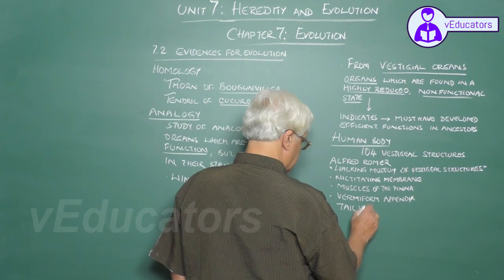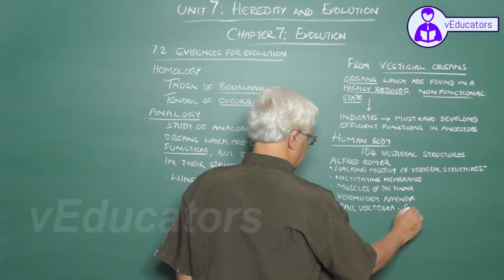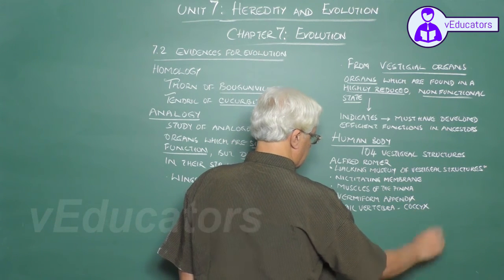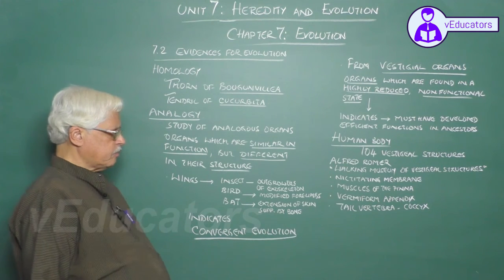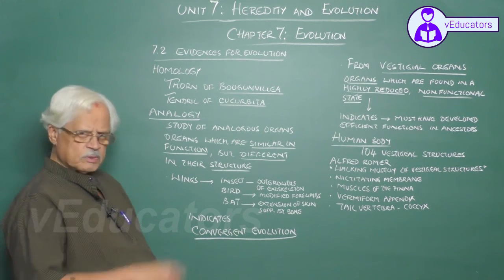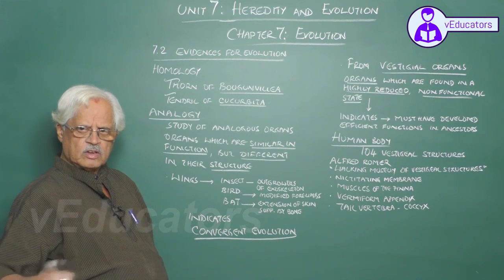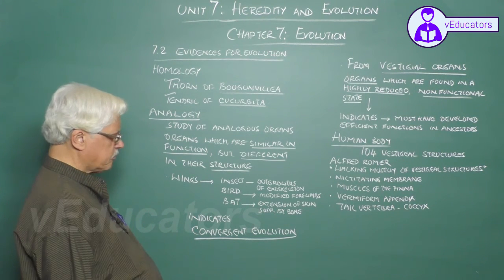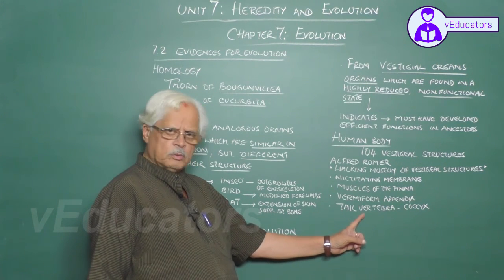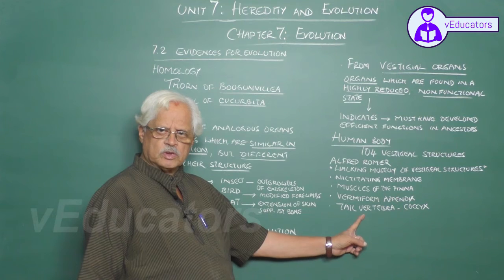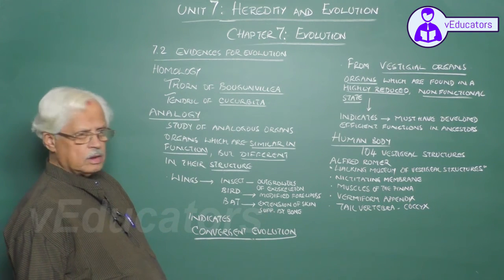Similarly, in most mammals, we see the presence of a tail. All along the length of the tail, there are several vertebrae. But in human beings, in the course of evolution, tail has become totally reduced.